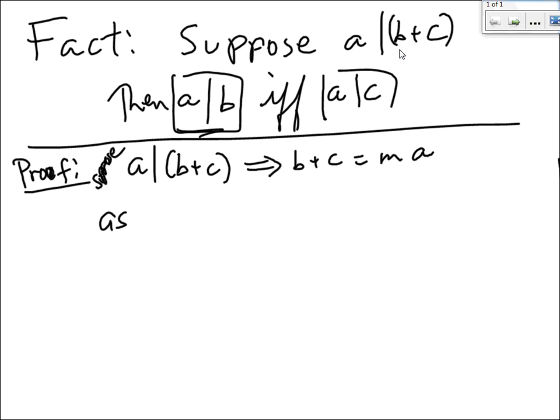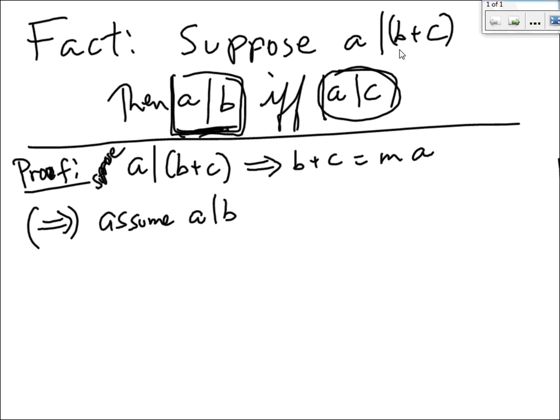And let's assume A divides B. So we're going to go to the right. That is, I start with this, and I go to the right, and I conclude that. Assume A divides B. Well, that means that B is a multiple of A, B equals N times A. Now, A divides C, I want to show that C is a multiple of A.